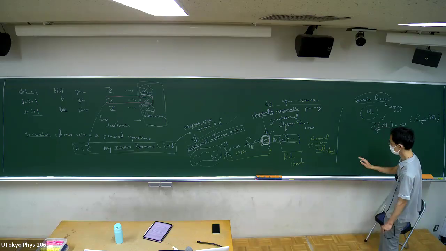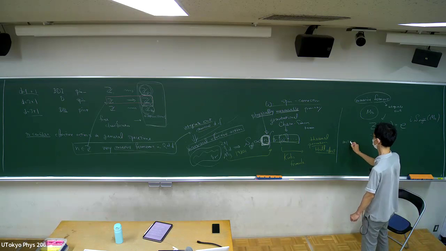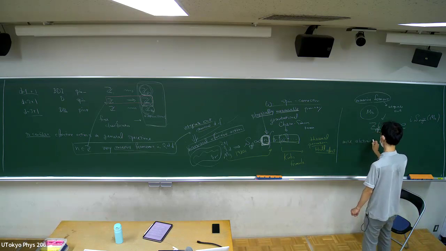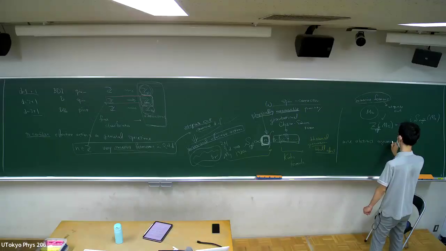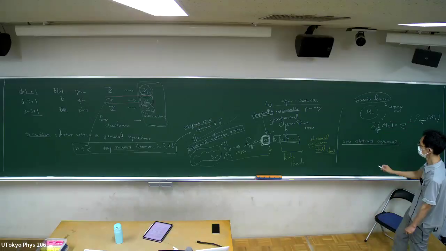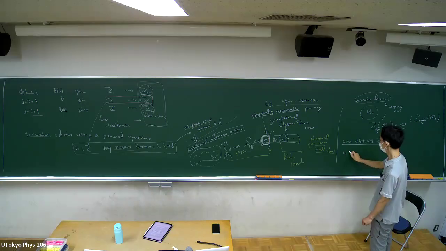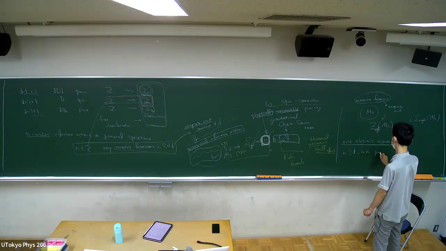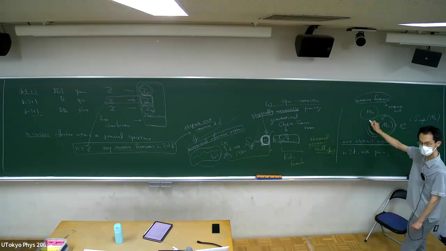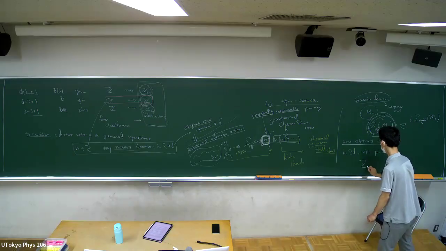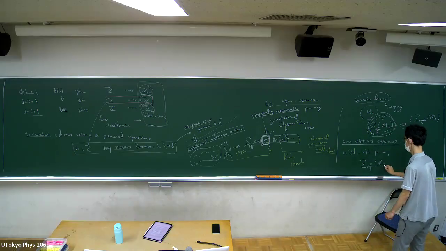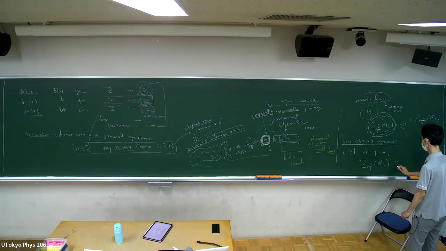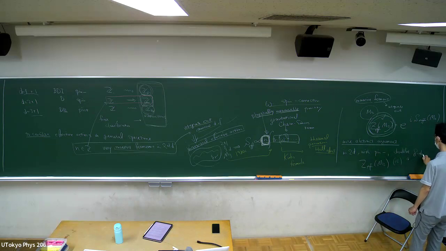And there is a more abstract argument saying that in 2D with pin minus, this value Z effective of M2 should be an eighth root of unity.